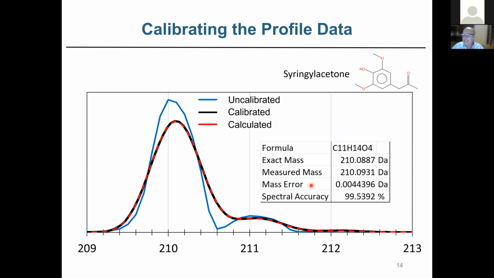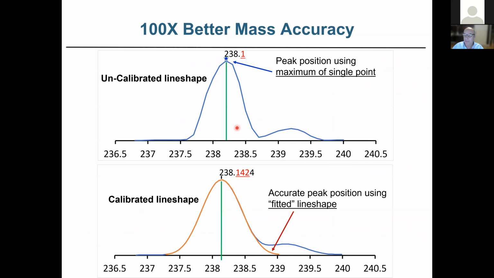But in addition to that, since we can now match the isotope pattern, we can use that additional information to pin down the correct ion. And in this case, we have a spectral accuracy of 99.5%. So that means that the calibrated ion explains 99.5% of the calculated. So that's our magic. That's our trick.